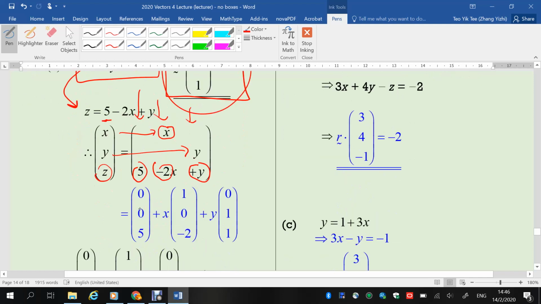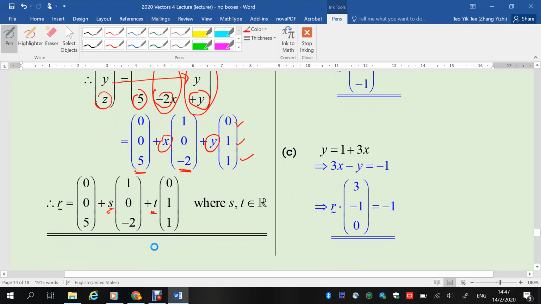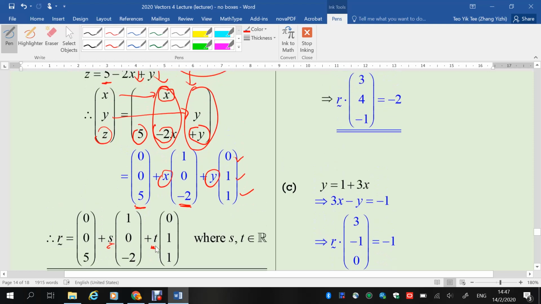The 5, I just change to 0, 0, 5, and I generate one vector. The x here becomes 1, 0, minus 2, and the y, this column becomes 0, 1, 1. All you need to do now is to replace your x and your y by two different variables, and then you have your vector equation form of your plane.